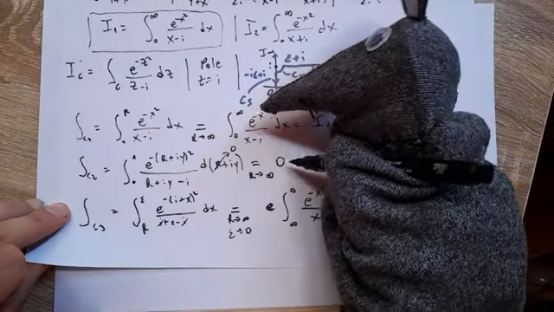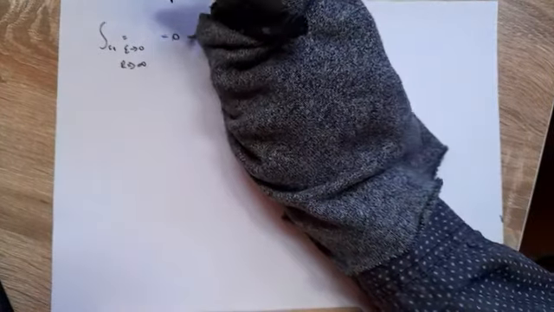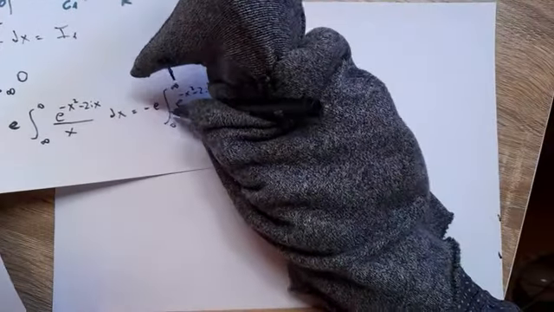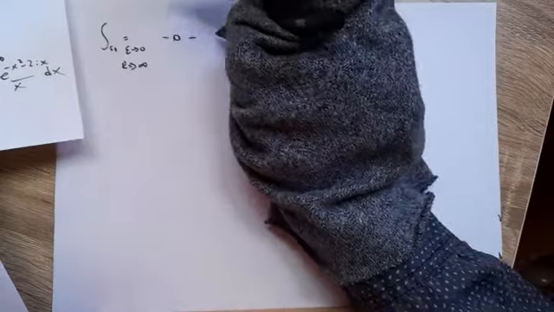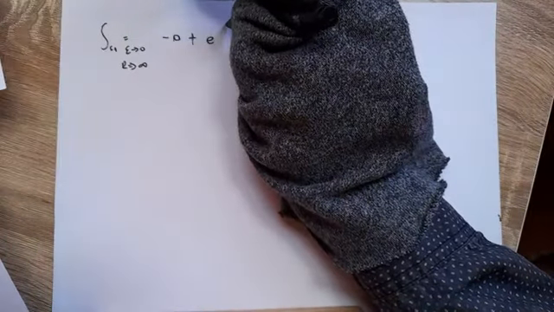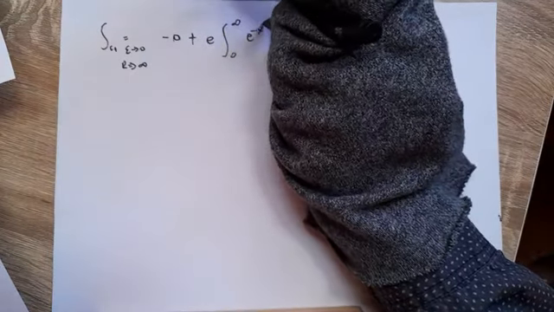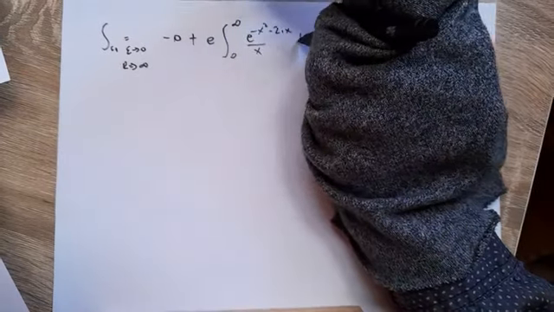So this is minus 0. Then minus the integral on C3. Minus the integral on C3 was this: minus e times the integral from 0 to infinity of this function. So minus times this minus is plus e times the integral from 0 to infinity of e to the minus x squared minus 2ix over x dx.